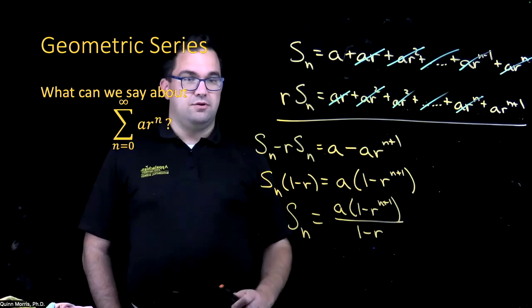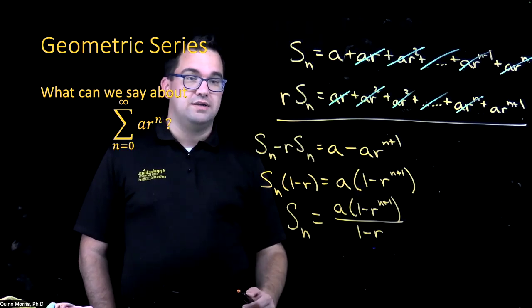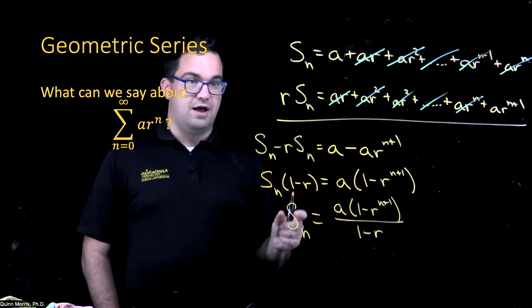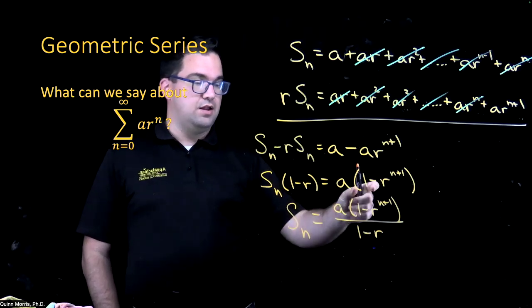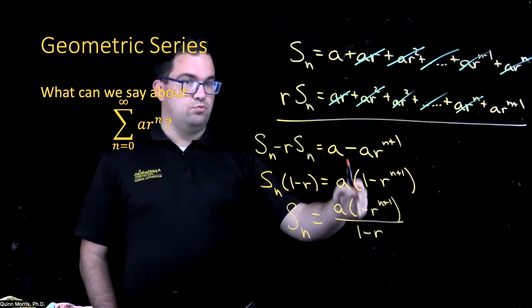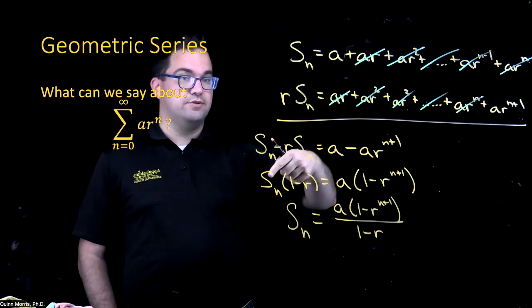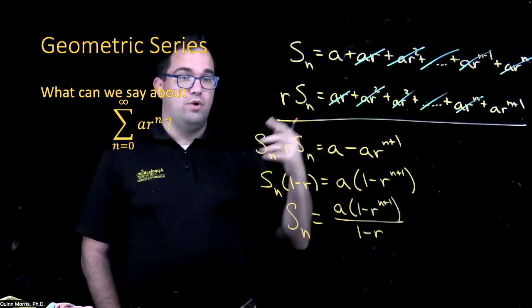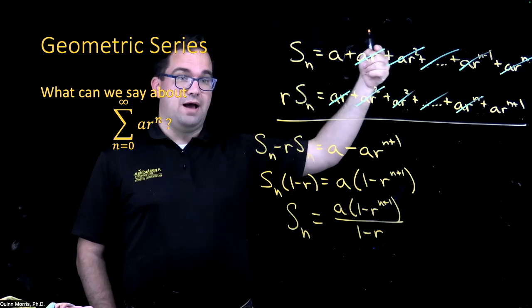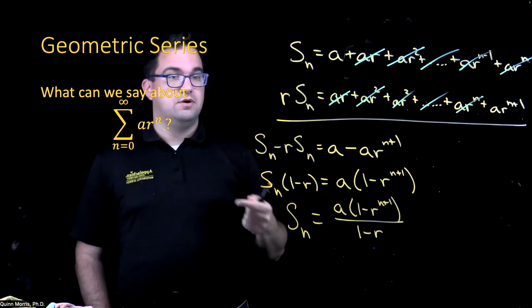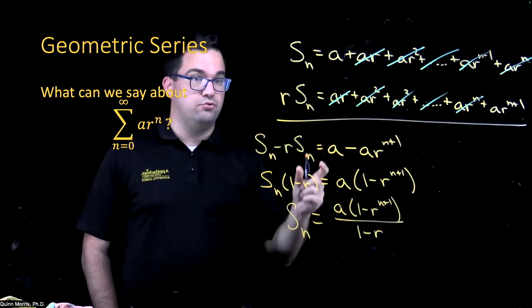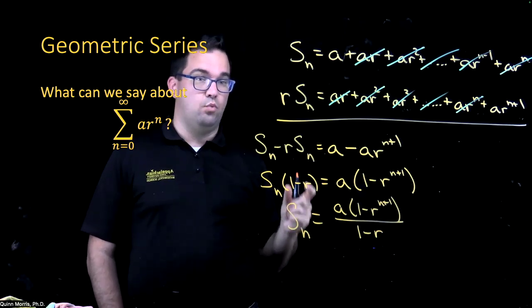That's going to depend on the value of r. If r is a value that in absolute value is less than 1, then a number that in absolute value is less than 1 raised to higher and higher powers is going to go to 0. Think about 1/2: as you raise it to higher and higher powers, it gets smaller and smaller. That's true of any number whose absolute value is less than 1.